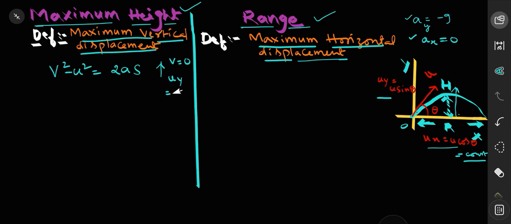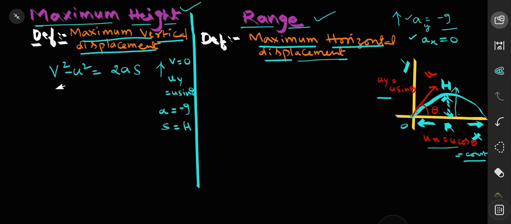We know that uy is equal to u sin theta, and along the vertical direction we already know that the acceleration a is equal to minus g, and the displacement is nothing but the maximum height.